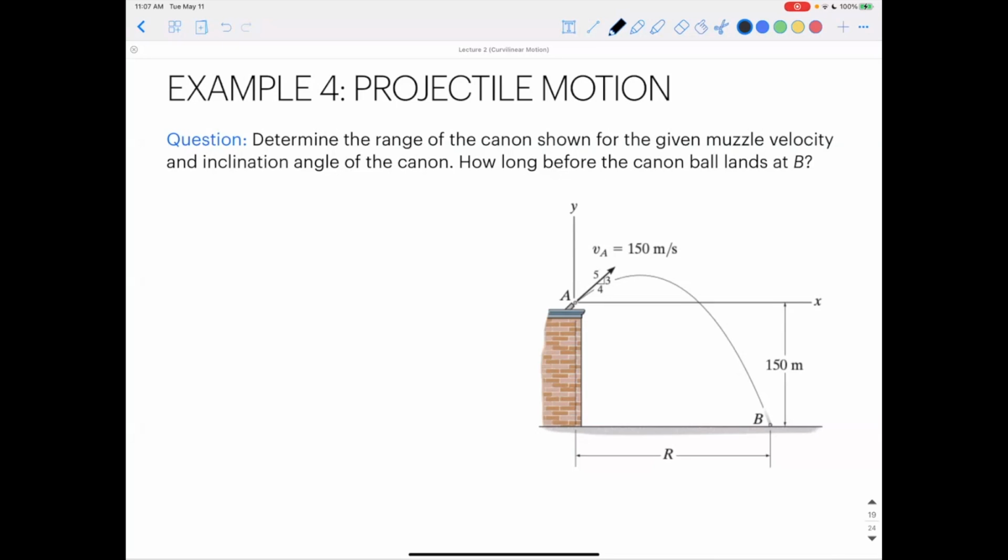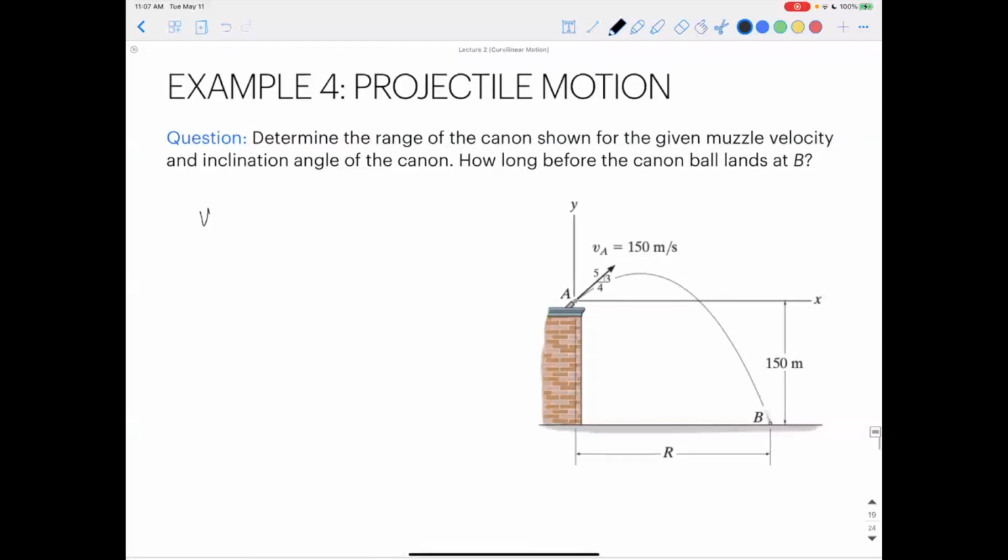So how should we move ahead with this? I always think it's easiest to do the exact same process we did for the first problem. Let's just start with some of the things we know. So we know v0x is equal to, using similar triangles, the x component, which is 4/5 times 150 meters per second.